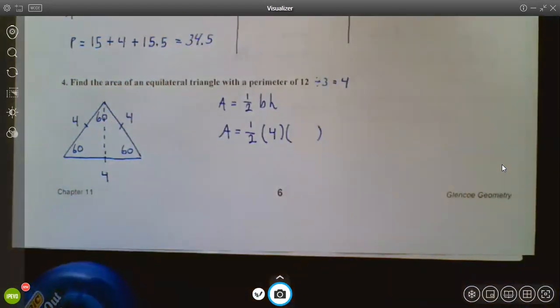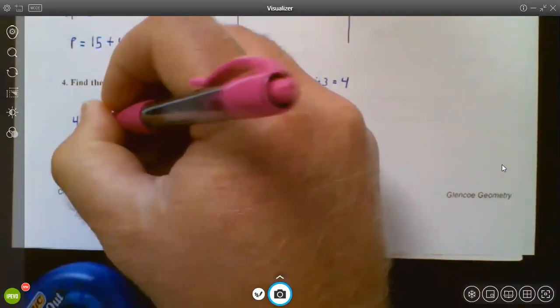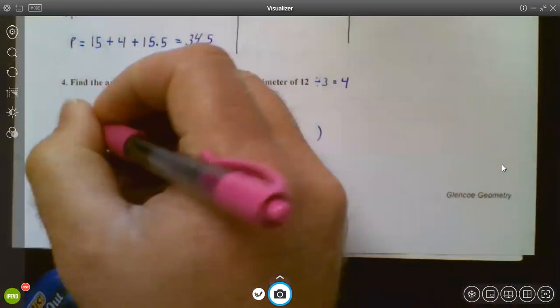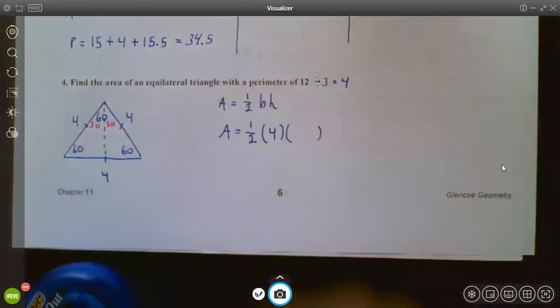Guys, look at that top angle. It was 60, but when we just drew in the height, that 60 just got split, which again creates our famous 30, 60, 90 triangle. So I'm going to give you 1 minute to give this a shot real quick and see if you can figure out the height before I do.